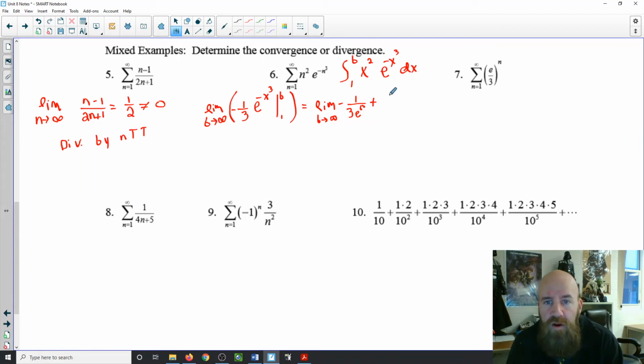And then 1 over 3 e to the 1, so 3e on the bottom. Alright, we run the limit of this, and the first term is going to approach 0. And we get 1 over 3e.